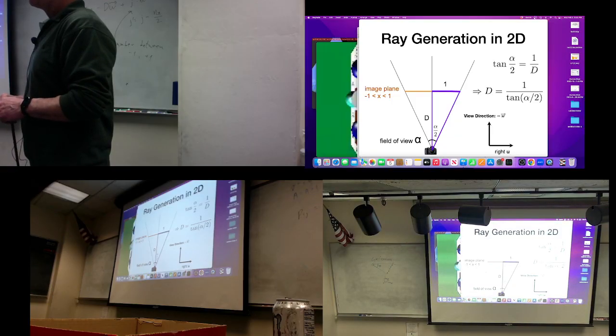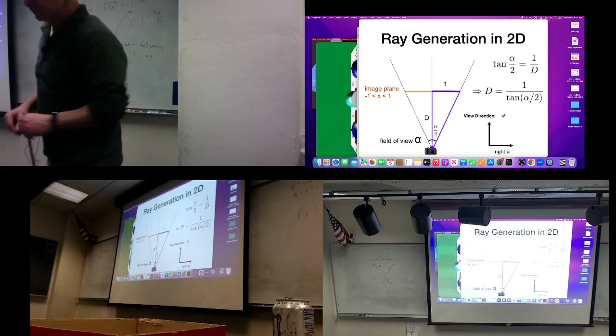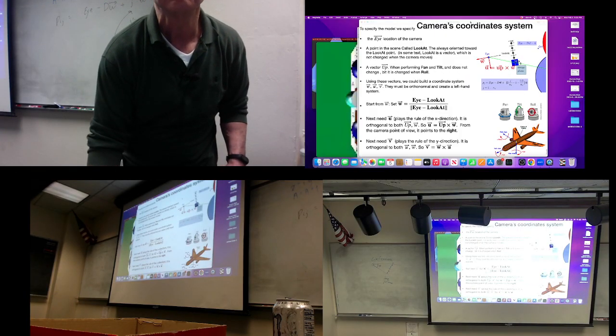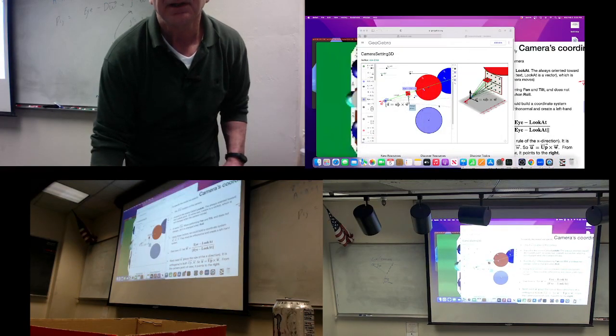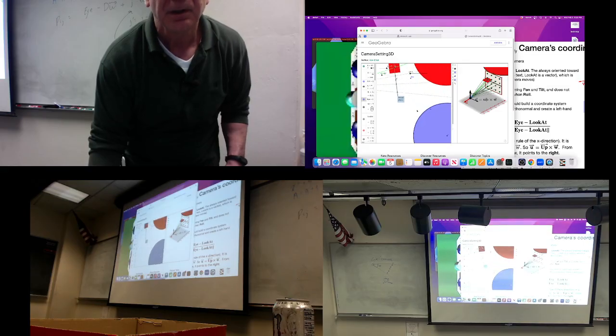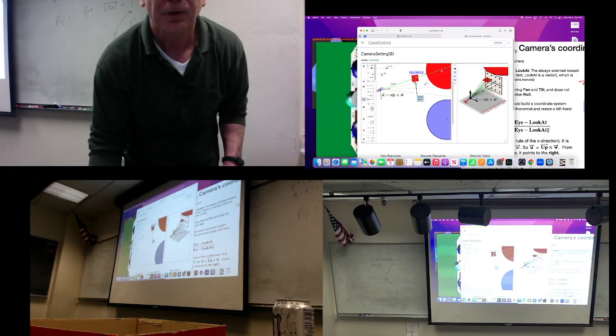But to follow the textbook, you will say for 4 pixels, here is the one extreme of the image plane.